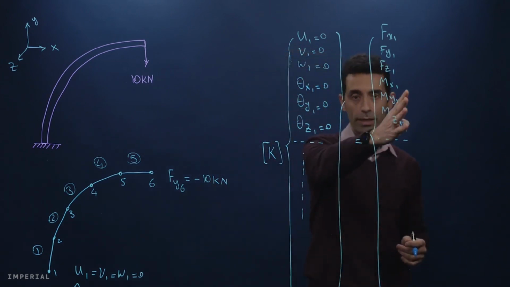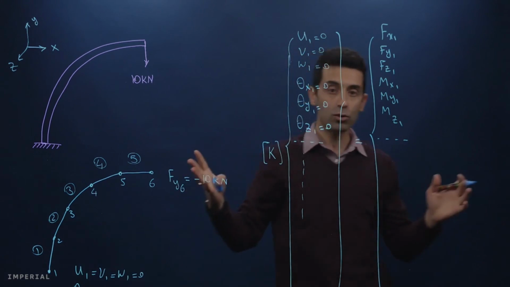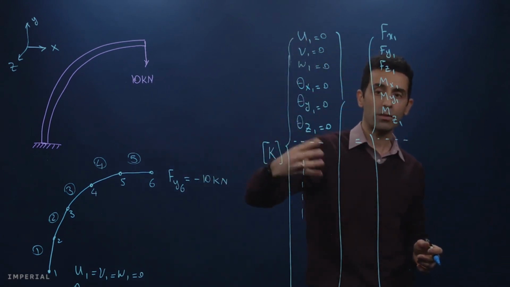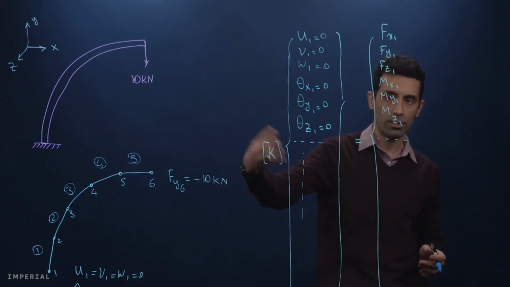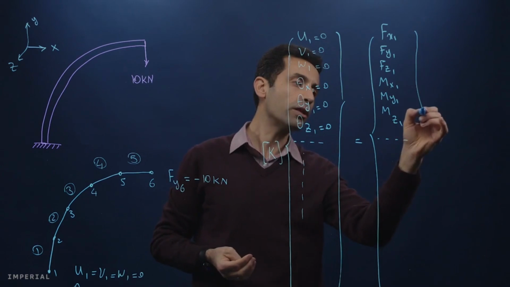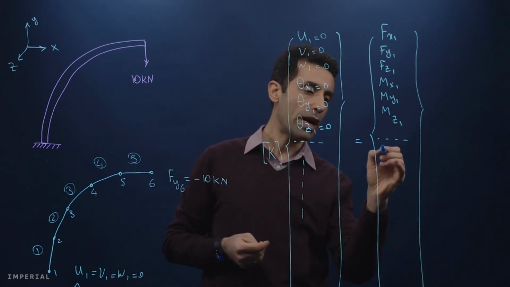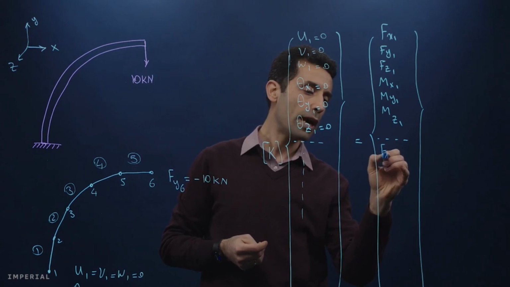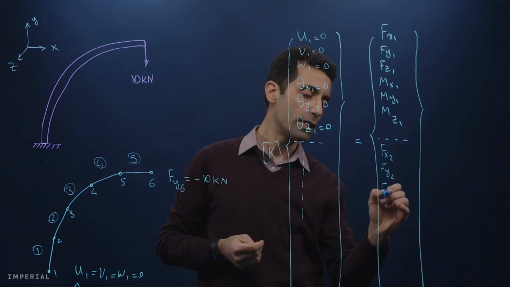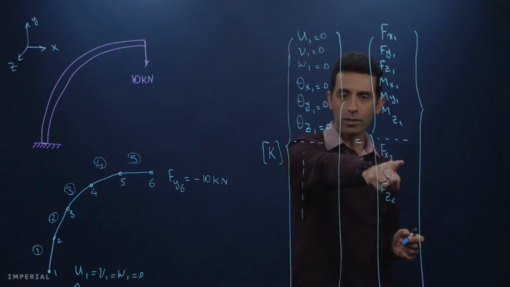These are unknown, so these are forces and moments at the support that we do not know how much they are, but we know the amount of deformation at that location, which is 0. The displacement is 0. We also have other members in this vector. Imagine at node number 2 we have Fx2, Fy2, and Fz2. Do you know how much is Fx2?